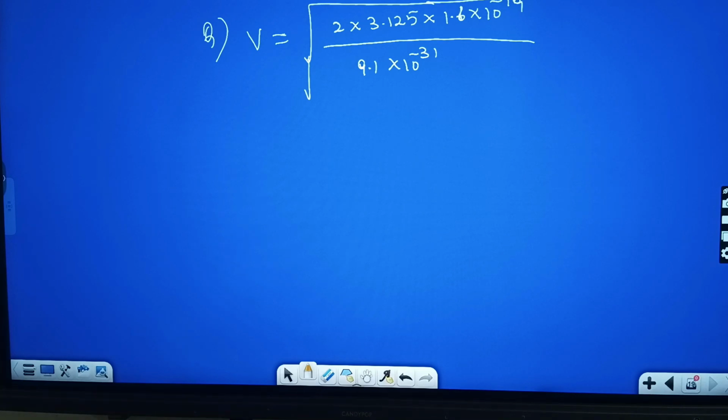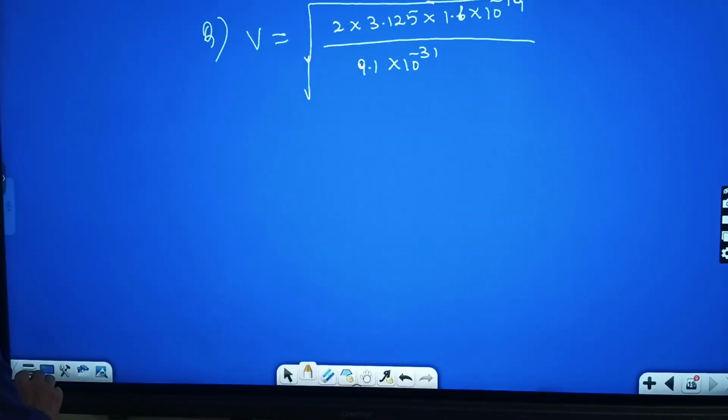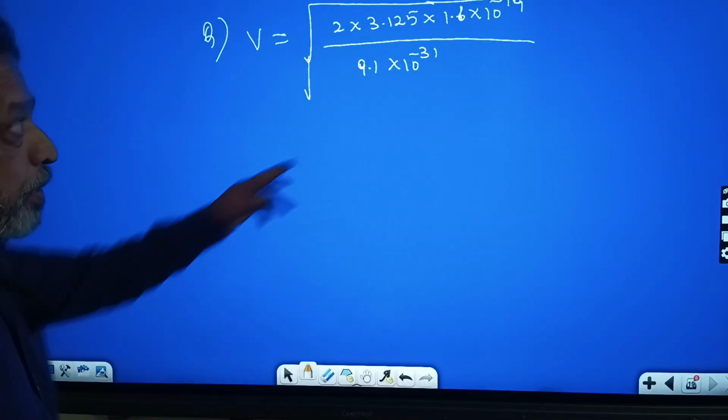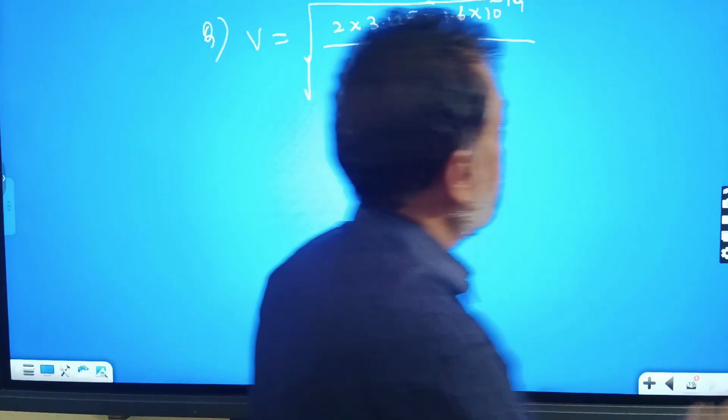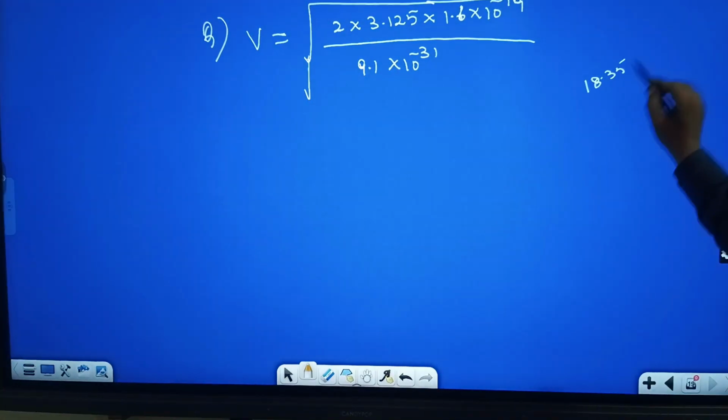See, small calculation mistakes happen. From now on, you practice taking these values, then it is easy to get the values. Copy the problem, tell the answer. So timing also is there. How much time?